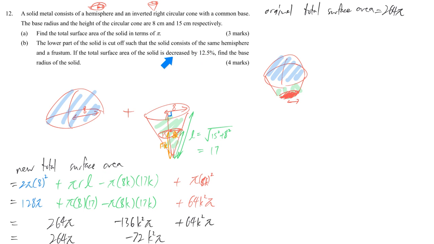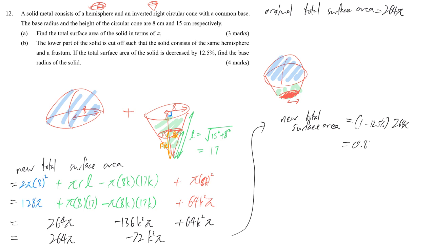Now I can use this relation. The new total surface area is decreased by 12.5%. That means, in other words, the new total surface area is equal to 1 minus 12.5% of the original total surface area, 264 pi. So 0.875 times 264 pi is equal to 264 pi minus 72 k squared pi.